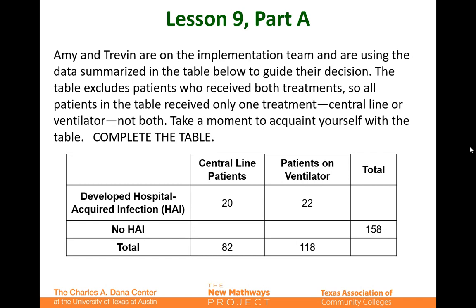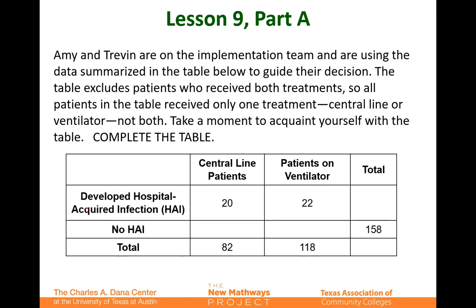So if we look, we've got a column for central line patients. We have a column for ventilator patients, and then we have a total. And then horizontally, we have a row for those patients that developed hospital-acquired infections, HAI, a row for patients who did not develop an HAI, and then the total.